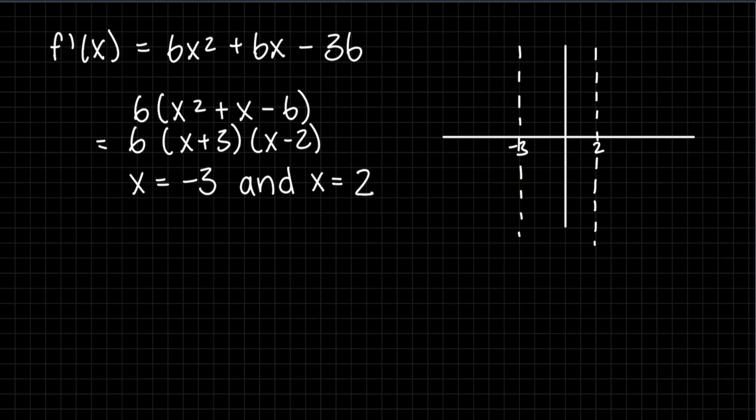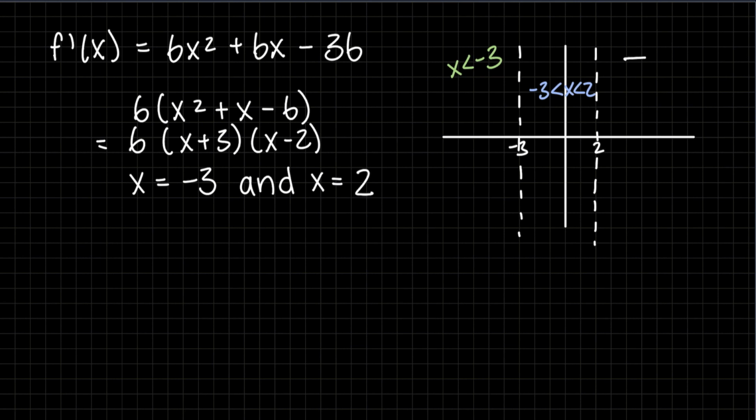The first region I have is over here, and this is when all the values of x are less than negative 3. So my region of x is less than negative 3. In this region right here, these are all the values of when x is in between negative 3 and 2.